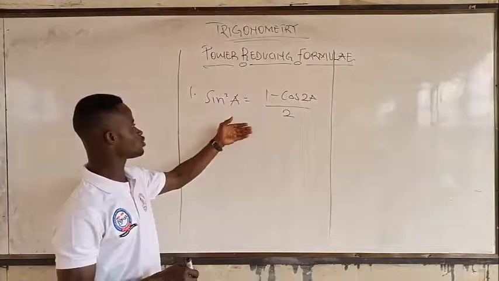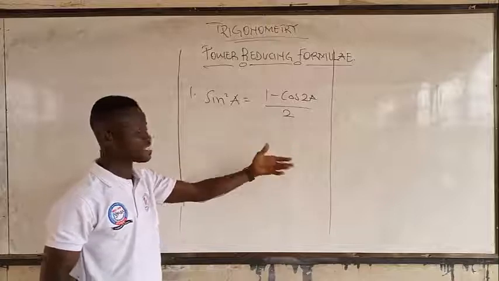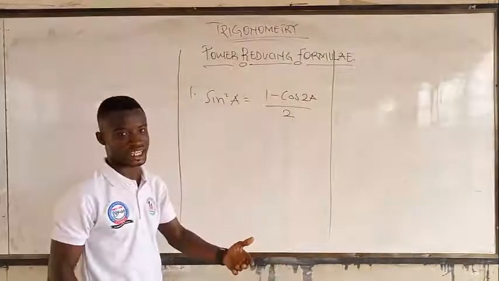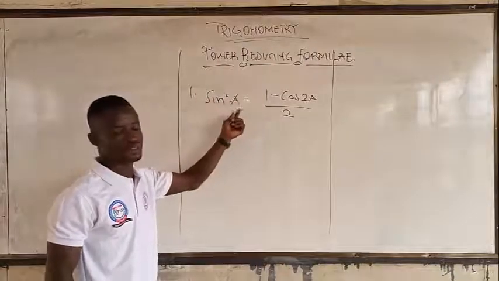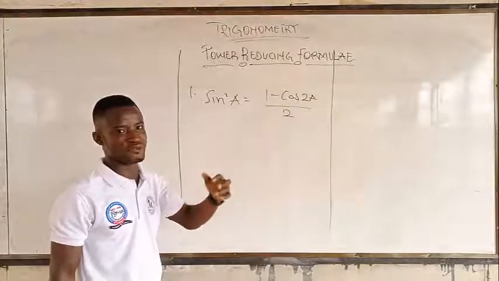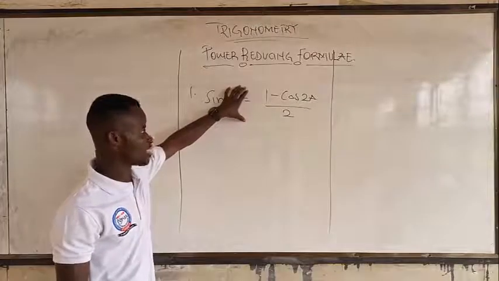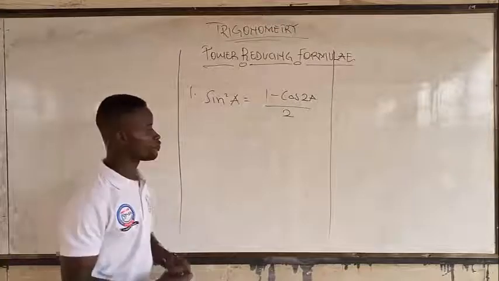Then we took the square root on both sides. Since we are looking for the half angle for sine, we divide the argument by 2, and that gave us the half angle. So this is the first formula for the power reducing formula.